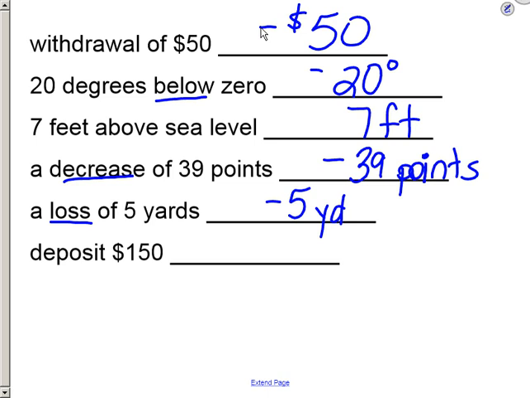So that negative 50 is in relation to whatever we started at, and that's what the 0 stands for. Now, a deposit of $150 is the opposite of a withdrawal. In this case, it's positive $150, or $150 higher than whatever we started with.